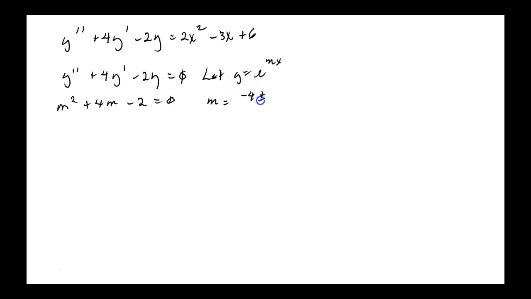Negative 4 plus or minus the square root of 16 minus 8, over 2. That has a 4 hiding in it, right? 2 root 2. Whoa, goodness gracious.